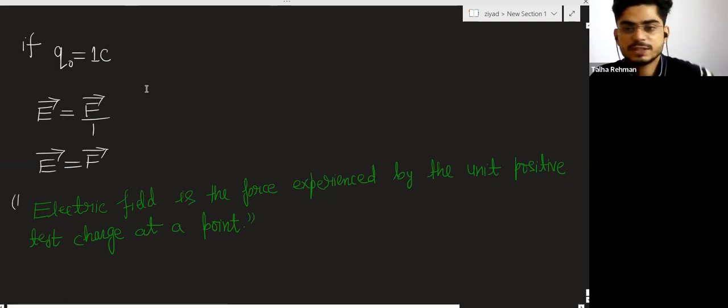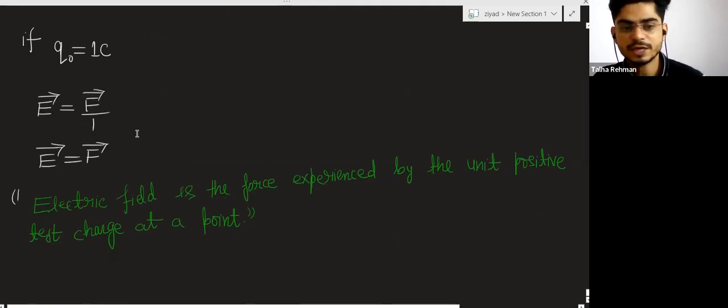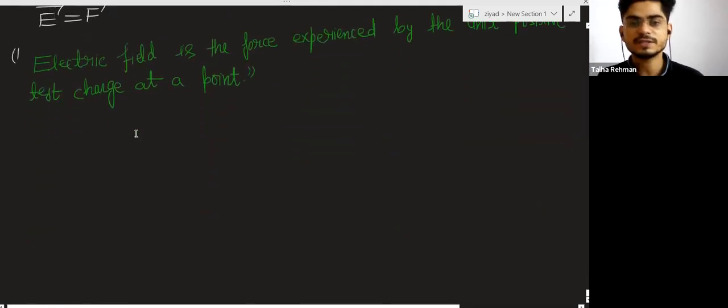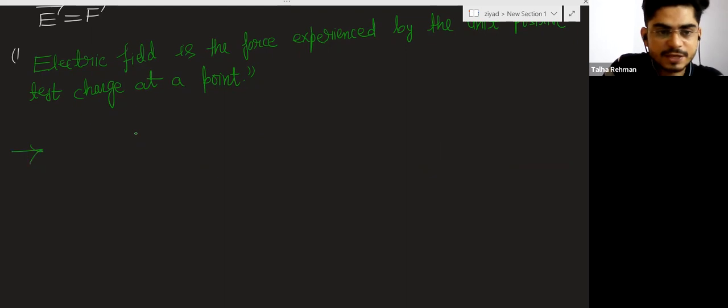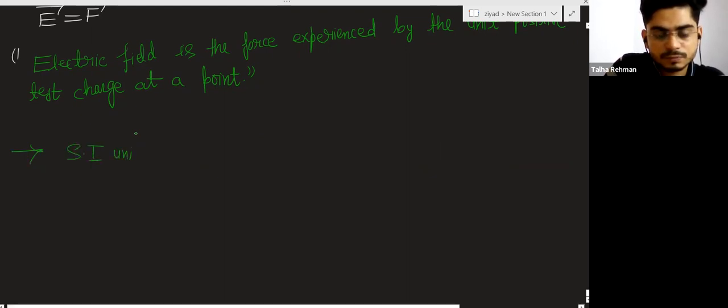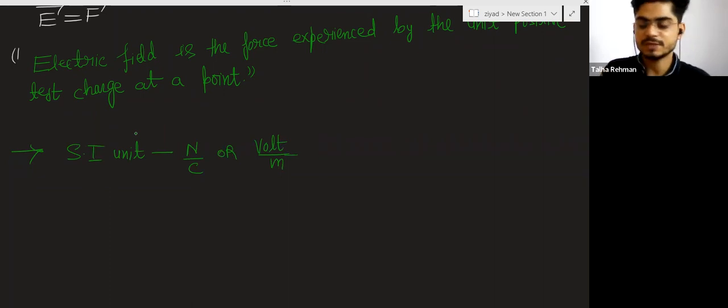So this is one of the ways to define the electric field. Another definition of electric field is the force experienced by the test charge. Now I am writing the SI unit of electric field. SI unit of electric field is Newton per Coulomb or volt per meter.